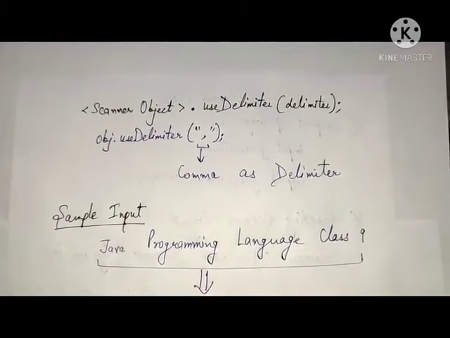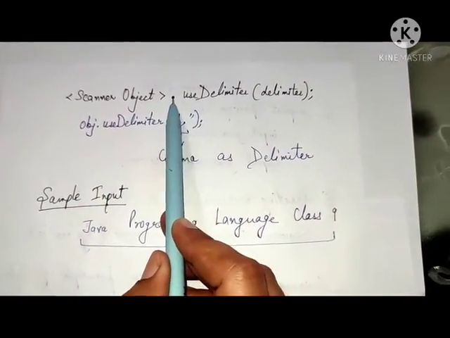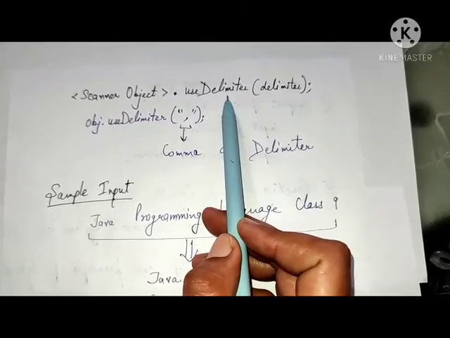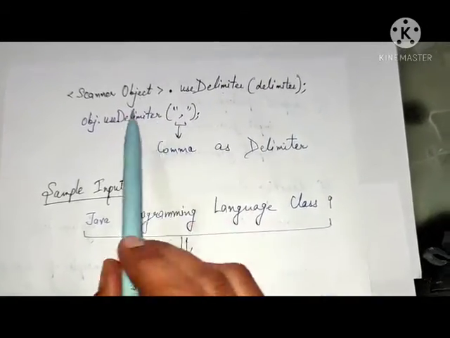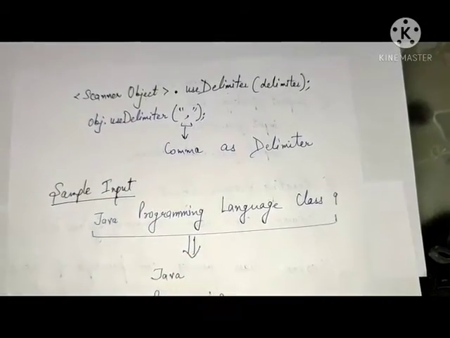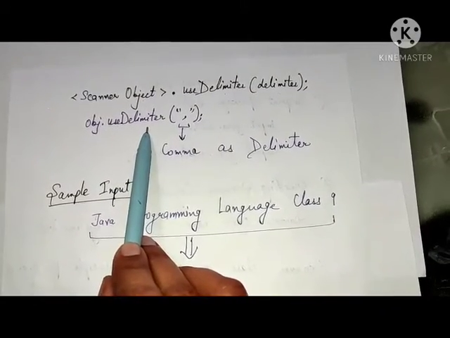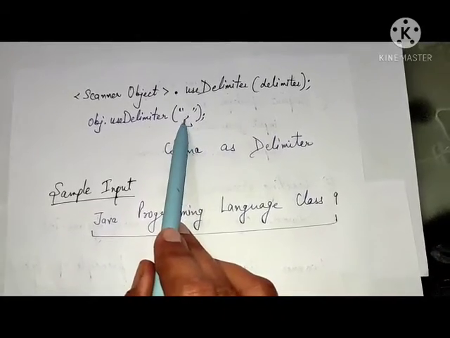We can change the delimiter as per our choice. To change the delimiter, we write the scanner object name, then dot, then the useDelimiter method. In that method, we pass the delimiter symbol that we want to use. For example, obj is the object name of the scanner class, and useDelimiter is the method used to set up the delimiter, and here I am passing the comma.